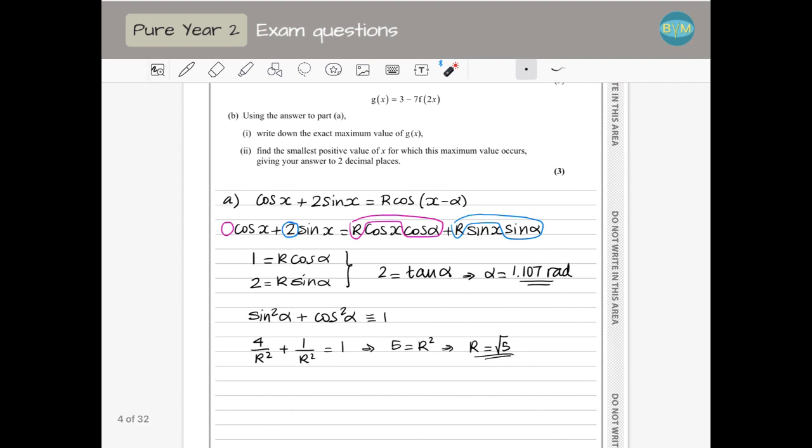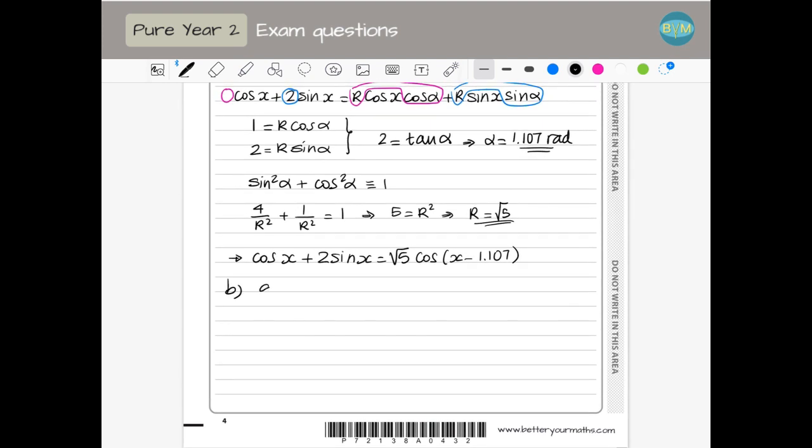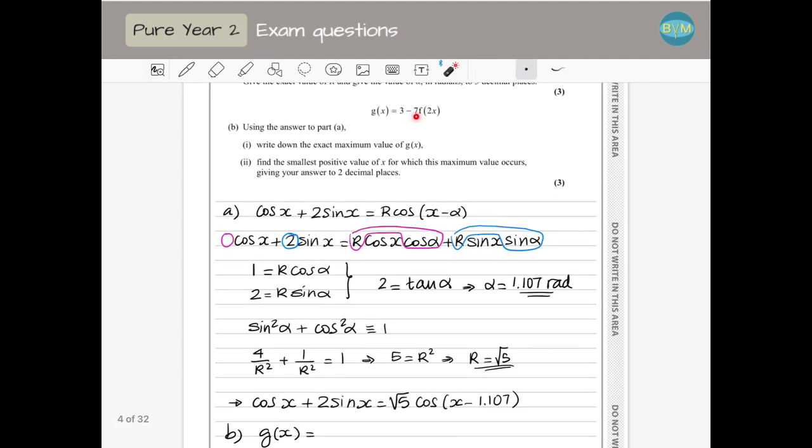This first part allows us to write that cos x plus 2 sine x is R, which is root 5, cos(x minus alpha), where alpha is 1.107. So if we write g(x) using that expression, we have g(x) is 3 minus 7 f(2x). Be careful, it's 2x instead of x.